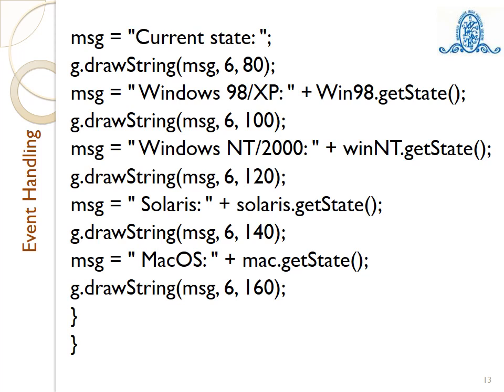Similarly, all the checkbox states are obtained by using these getState methods, and each time that value is stored in the message variable, and finally it is displayed on screen using g.drawString(message, 6, 140), where the y value is changed for each message value. So this is for the ItemEvent class and ItemListener interface.